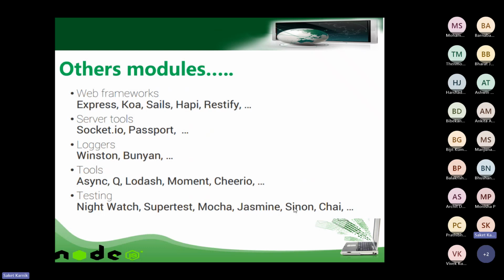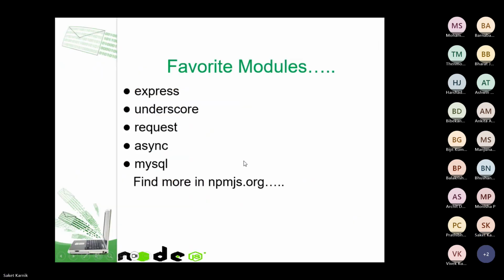Mostly Mocha, Jasmine are heavily used. Karma is another one. Right? So as I said, these are the most used or favorite modules: Express, underscore, request, async, MySQL, with MySQL typically being used as a backend database. And you can actually find it on the npmjs.org website also. Okay. The extensive list will be there.